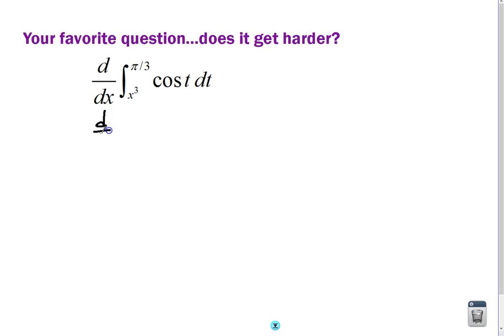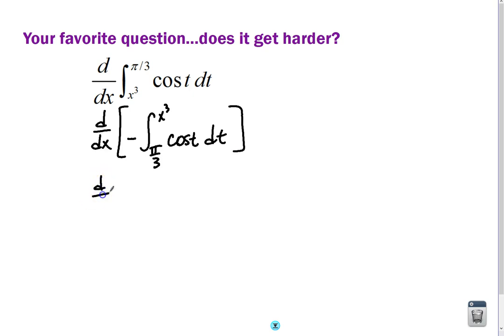I could rewrite this d dx as d dx of the negative of my integral of pi over 3 to x cubed. That's a little bit friendlier. We've seen that version before, okay?